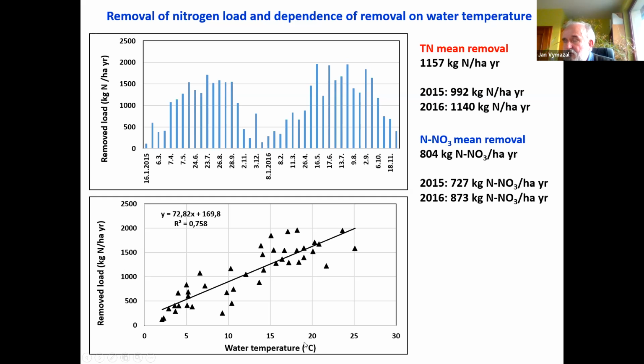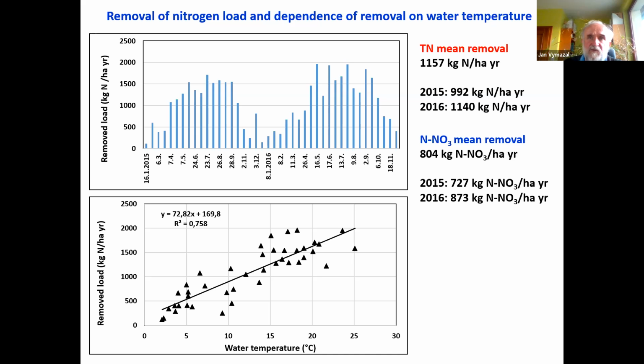And here is the relationship between the water temperature and the removed load. So it's quite nice, but of course it's very much expected because the nitrification is dependent on the water temperature. But the drainage ditch was partially fed also by a small pond where they released the water from the bottom.